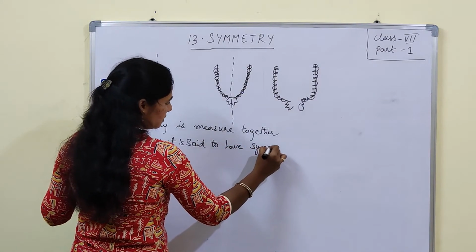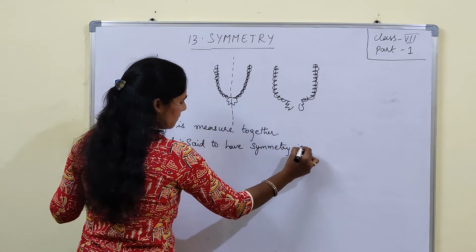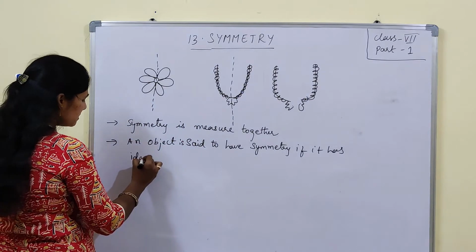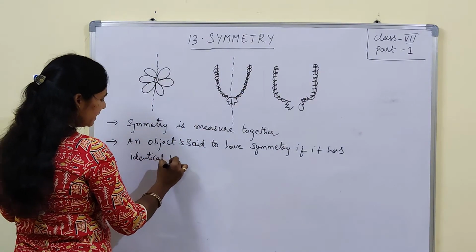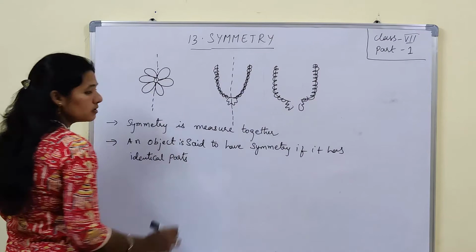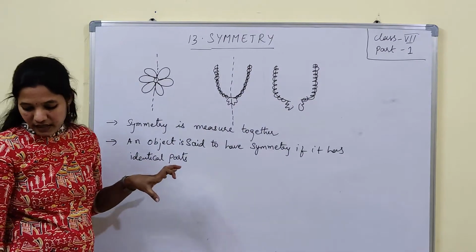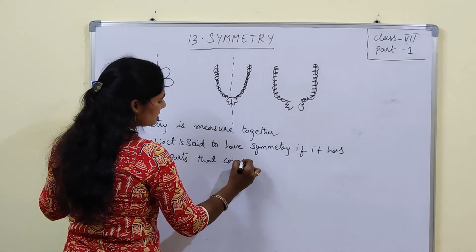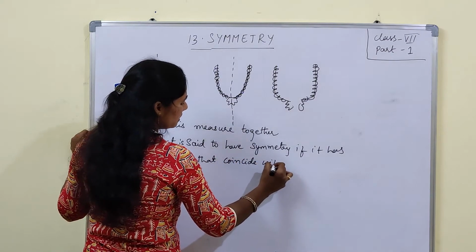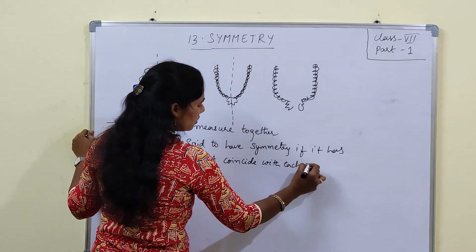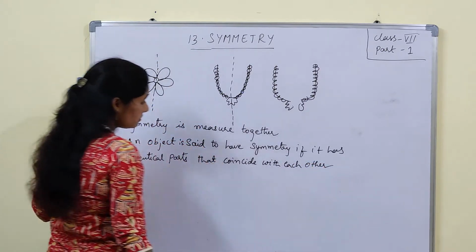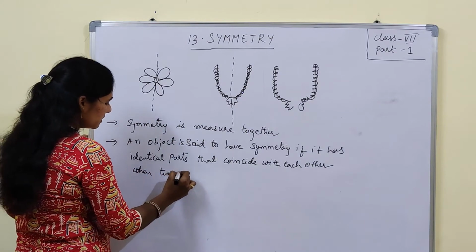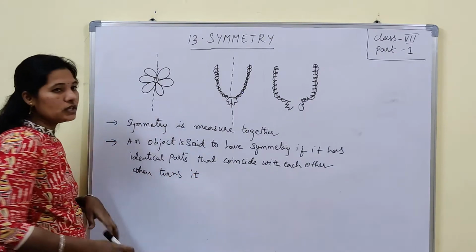An object is said to have symmetry if it has identical parts that coincide with each other when you turn it.